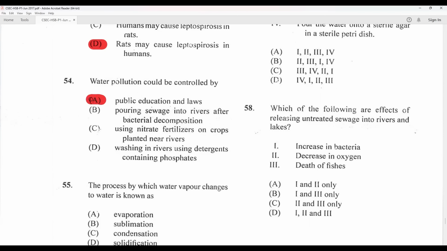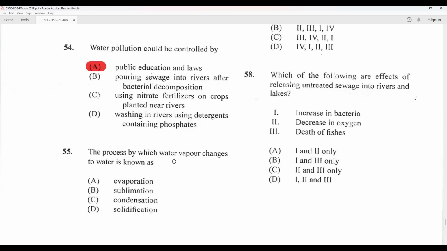And if we're talking control, we know that educating the public and having laws and policies is how you control it. The process by which water vapor changes to water, meaning it's going from gas state to liquid state, is known as condensation, C.